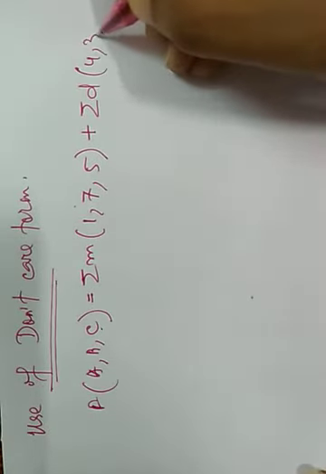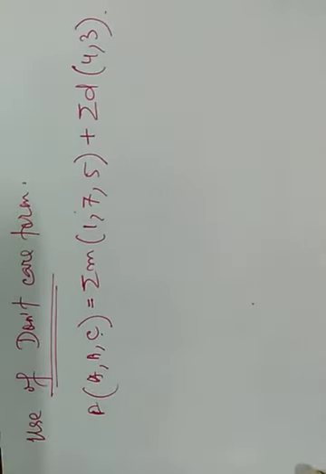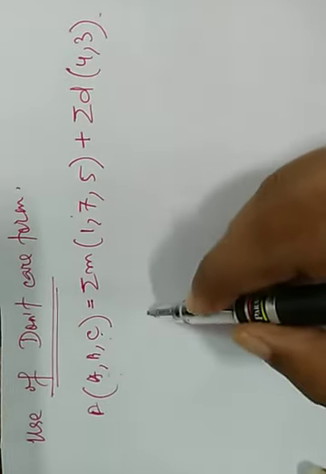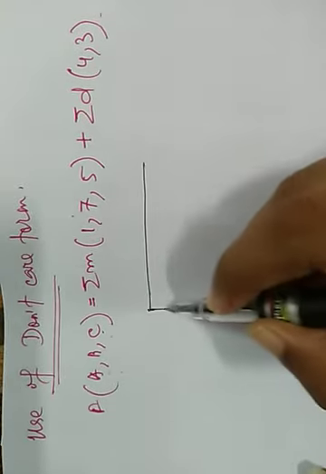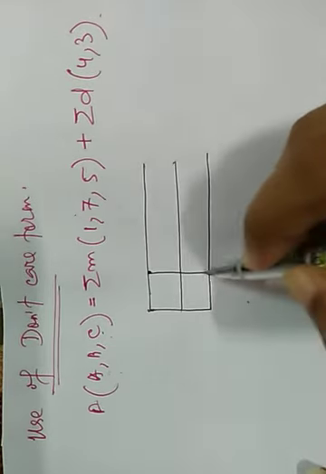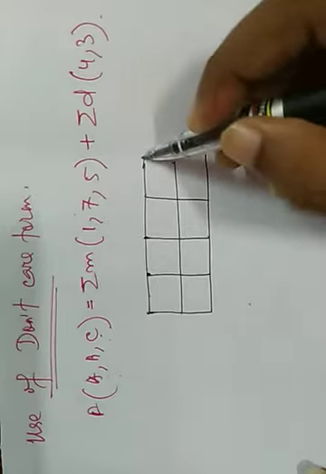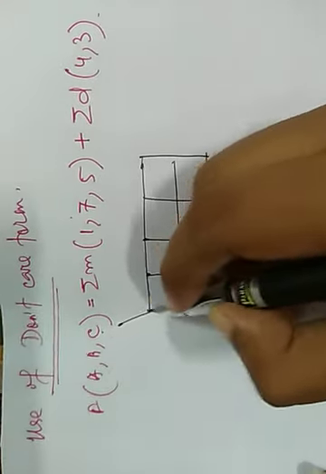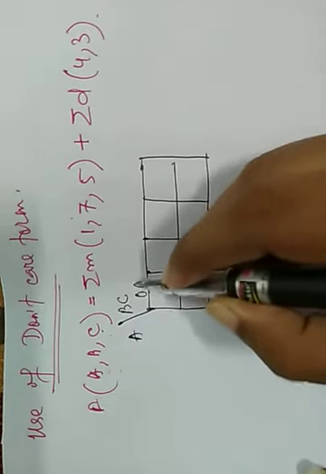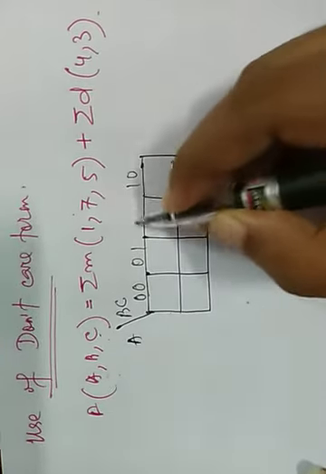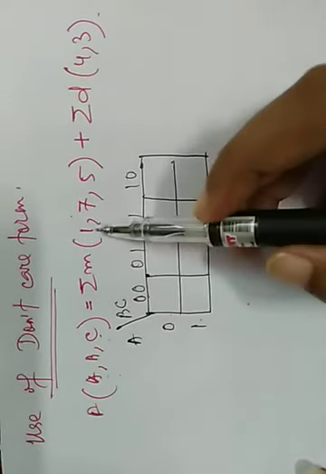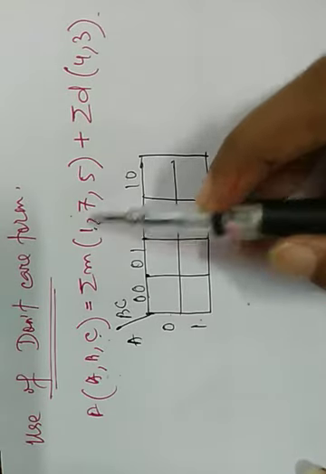That means 4 and 3 values in the Karnaugh map table are don't care values. As it is 3 variables, there are 8 combinations. A, B, C, its values are 0, 0, 0, 1, 1, 0, 1, 1. This is 0, 1. Okay, at first put the min term values 1, 7, 5.